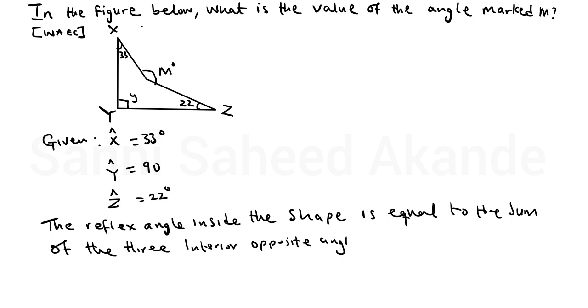Okay, that is M is equal to 33 degrees plus 90 degrees plus 22 degrees, and when you add all of this together you get 145 degrees.